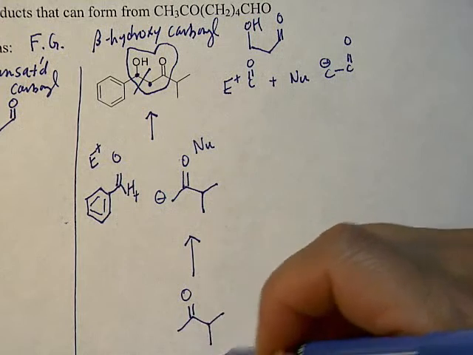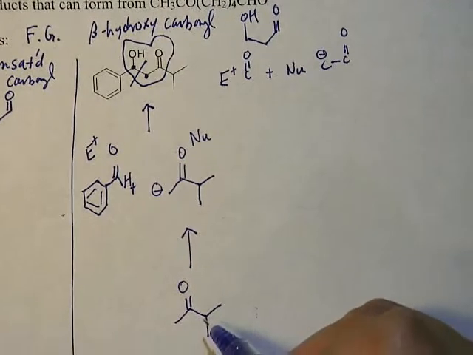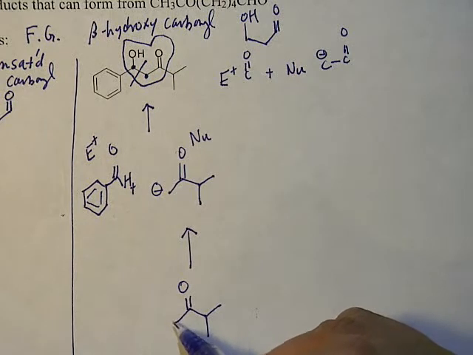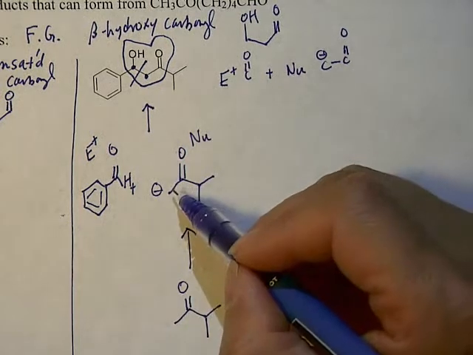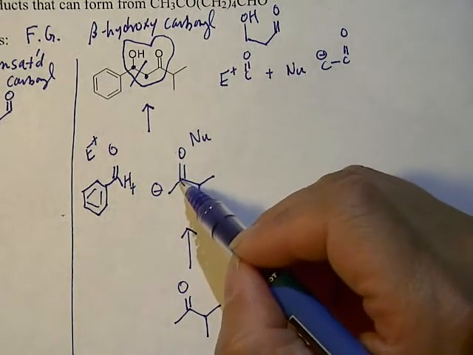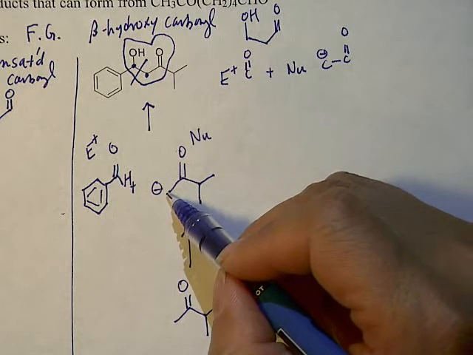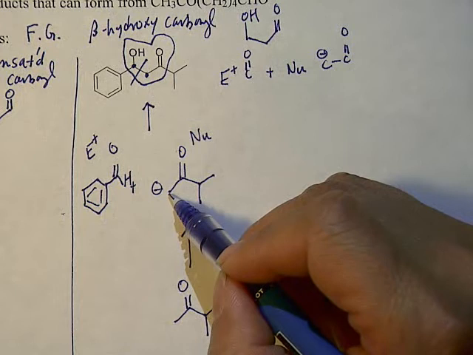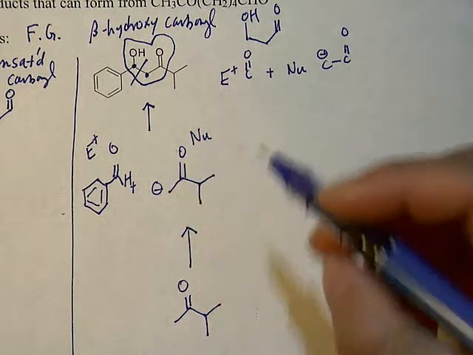Because notice this is an unsymmetrical ketone, so I have two different kinds of alpha protons. I can remove the alpha proton here or alpha proton here, and notice that the enolate that I want to make is a kinetic enolate, because I want to remove a hydrogen from the less substituted carbon, so that the enolate is less substituted.